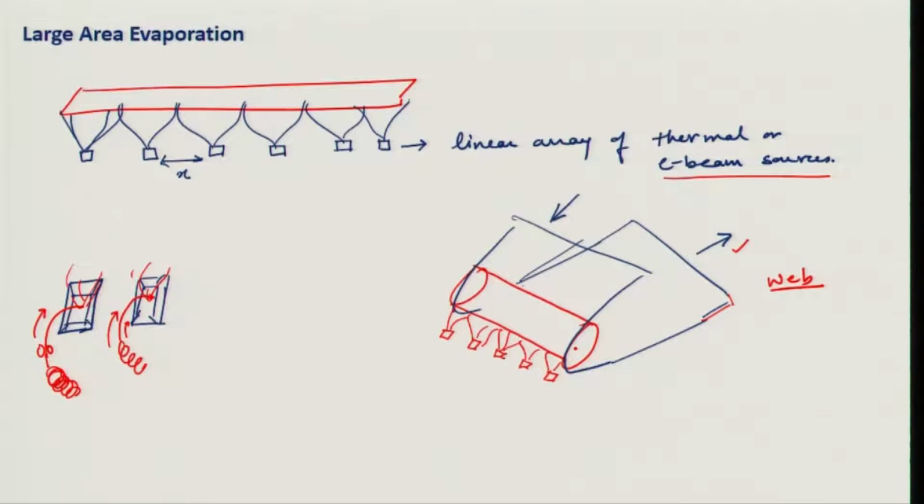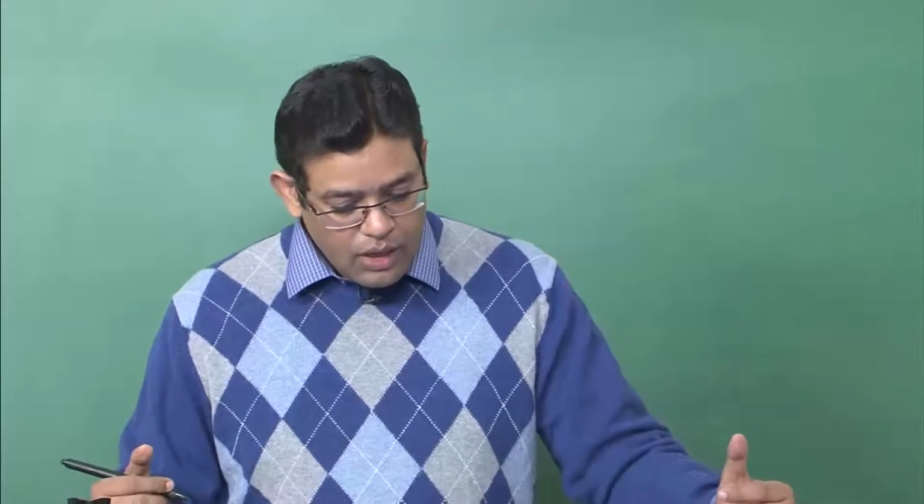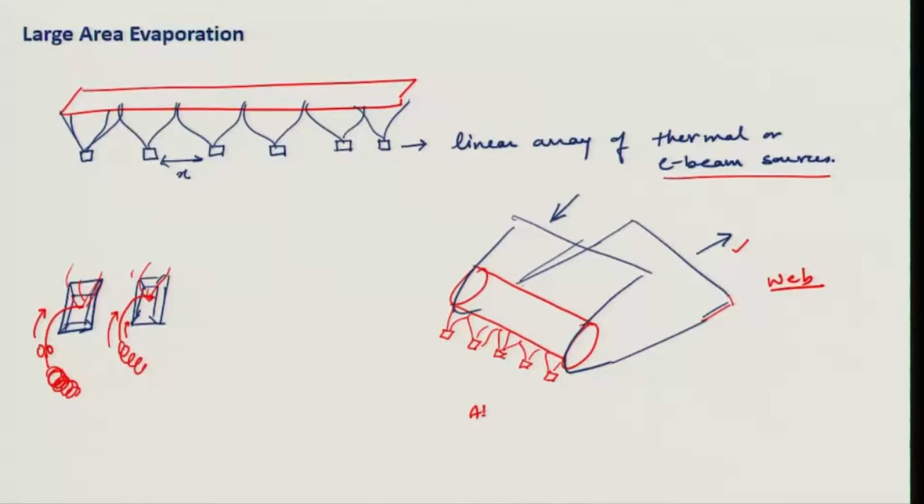Okay. Not only that, suppose you want to deposit aluminum oxide. We know that aluminum can be melted at a lower temperature. Aluminum oxide is a ceramic, you cannot melt it below 2700 degrees C. So, what do you do? You use an aluminum source, or wire fed aluminum source, to evaporate aluminum, and you have some oxygen gas environment.